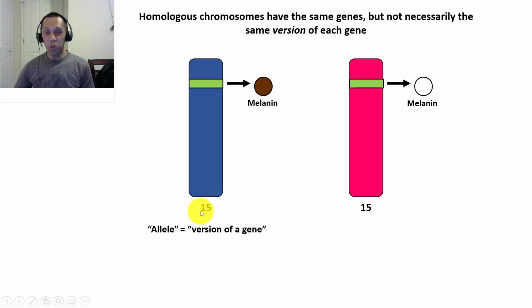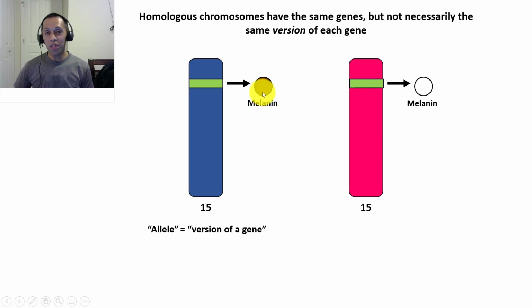So again, using this new term in our situation that we've just described here, we're saying that there are two different versions of the gene that encodes for melanin. There's the version that encodes for the functioning melanin protein that has a color to it, and there's the version that encodes for the non-functioning melanin protein that has no color to it. So another way of saying that there are two different versions of the melanin gene is to say that there are two different alleles for the melanin gene.